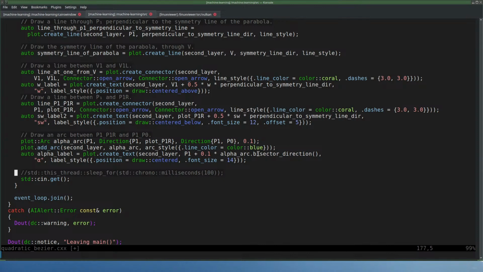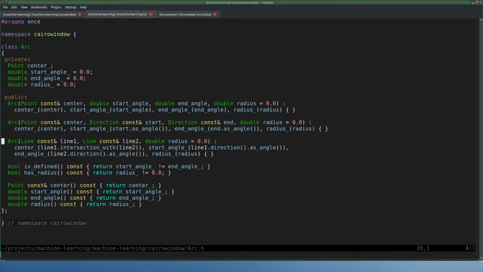I have to add the bisector direction to the arc. Return something. That would be a direction. Which arc is this? Start and end angle.